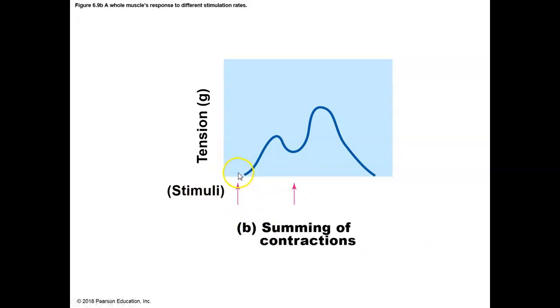We stimulate it, we go through the latent period, the contraction, and we start to go into the relaxation. But before we even finish, we've already stimulated the muscle fiber again. There's still calcium in the environment, so that muscle contraction is going to occur much more rapidly, and it's going to be a little stronger.